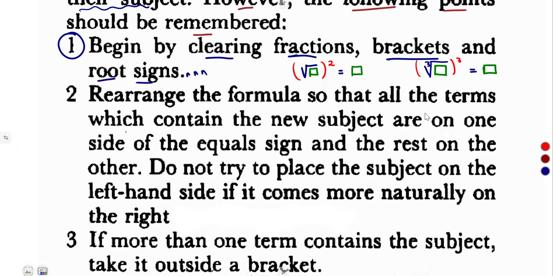So if it is the square root of x raised to the exponent of 2, I'm going to get x. The cube root of x raised to the exponent of 3, I'm going to get x. So the cube root with the cube neutralizes, to get what is under the root sign. This is the idea that you are going to have.